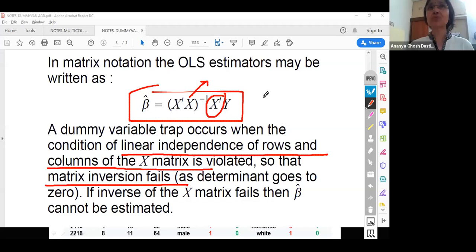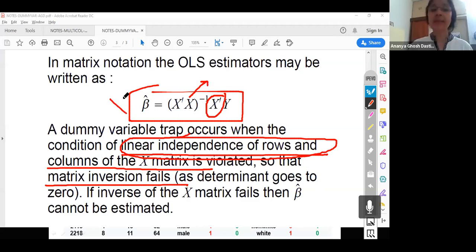So you see, the dummy variable trap is occurring because this condition of matrix inversion fails. And the condition of matrix inversion failing would mean that I do not have a solution for my beta hat. I cannot estimate my model. Okay. So that is the whole point about the dummy variable trap.